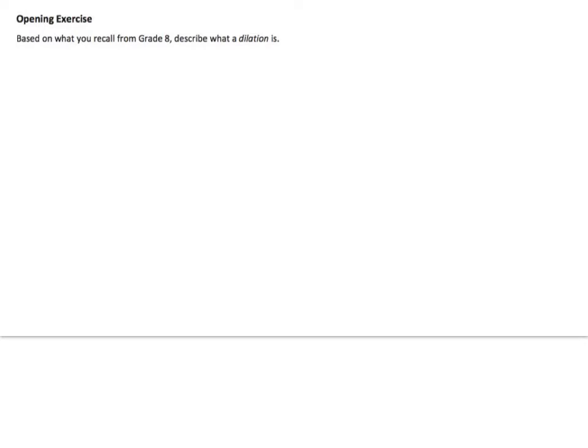First of all, based on what you may recall from grade 8, which would have been Algebra 1, describe what a dilation is.